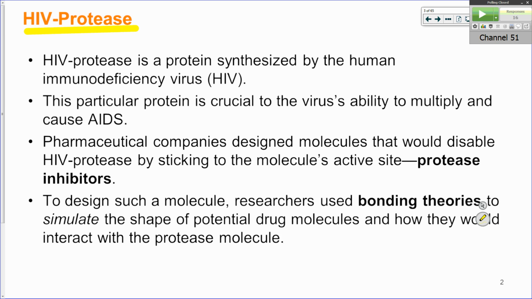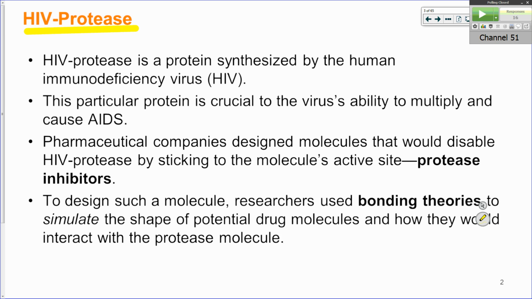It spread to the United States in the late 1970s, early 1980s. It was fairly contained and then started to spread in the United States significantly. Hundreds of thousands of people have died to AIDS in the United States alone.